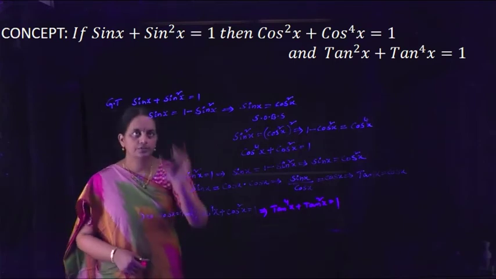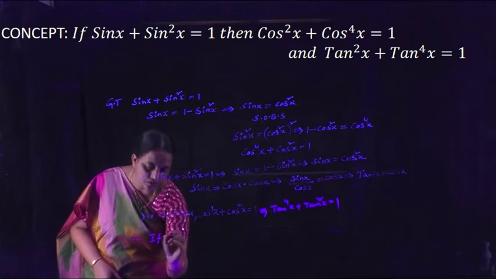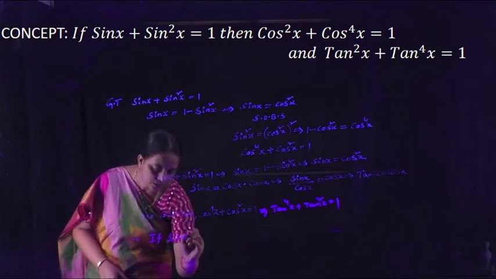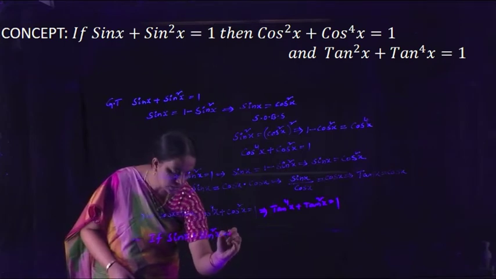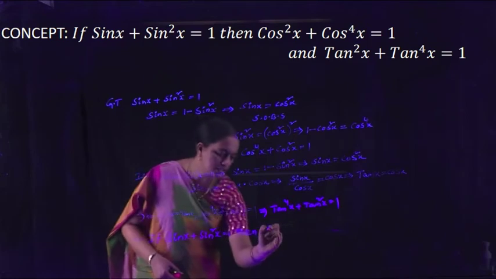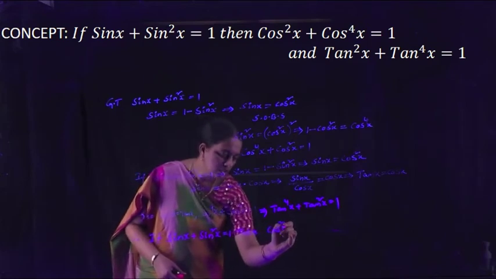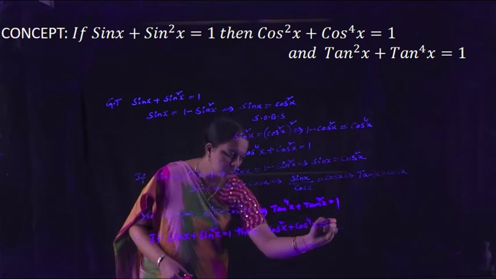If sin x plus sin square x is equal to 1, then cos square x plus cos power 4x is equal to 1.